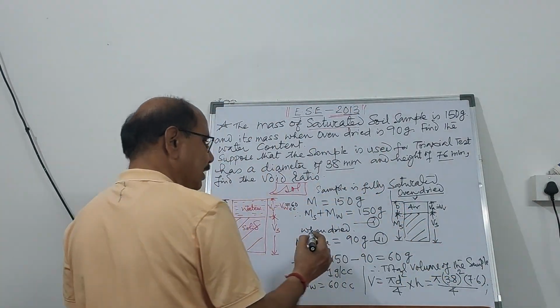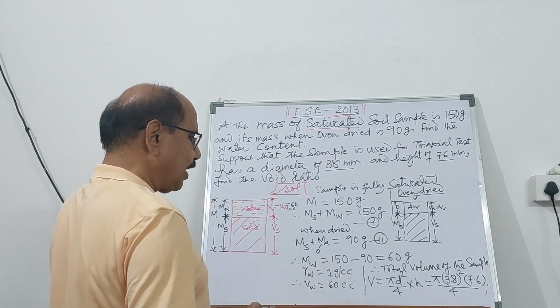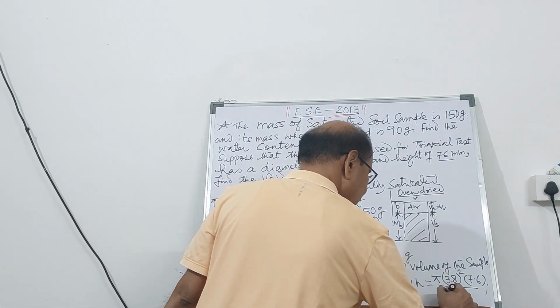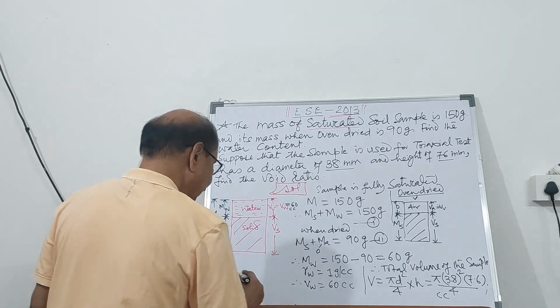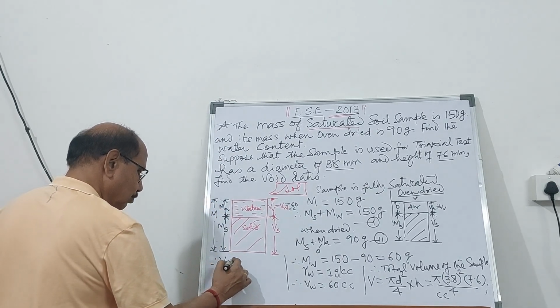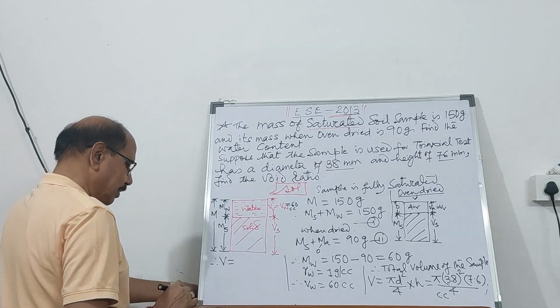So cross sectional area of the sample multiplied by height gives you the volume in cc. Therefore, if you calculate, you get the total volume.